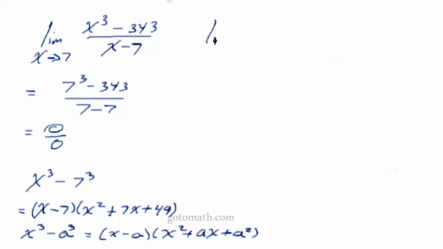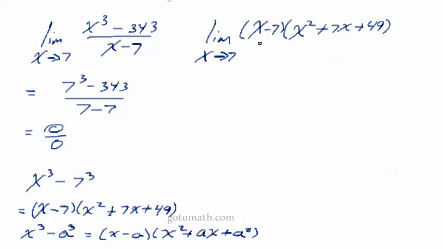So I'm going to rewrite this limit as x approaches 7, and what's in the numerator again? We have x minus 7 times x squared plus 7x plus 49, and that's all over x minus 7.